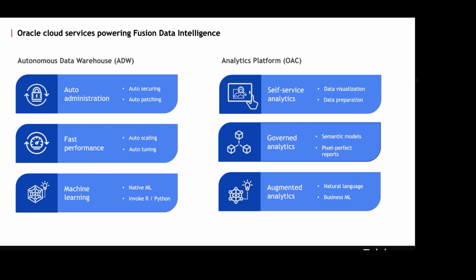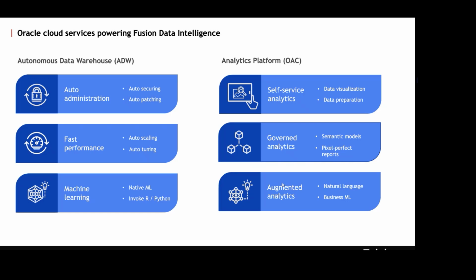Just to touch on some of the services that come with Fusion Data Intelligence, I spoke on it a bit earlier, but you get the full capabilities of both the autonomous data warehouse and OAC. ADW is fully managed by Oracle, with auto patching, auto securing, and auto scaling for when your business and data needs are growing. And it has some machine learning capabilities.